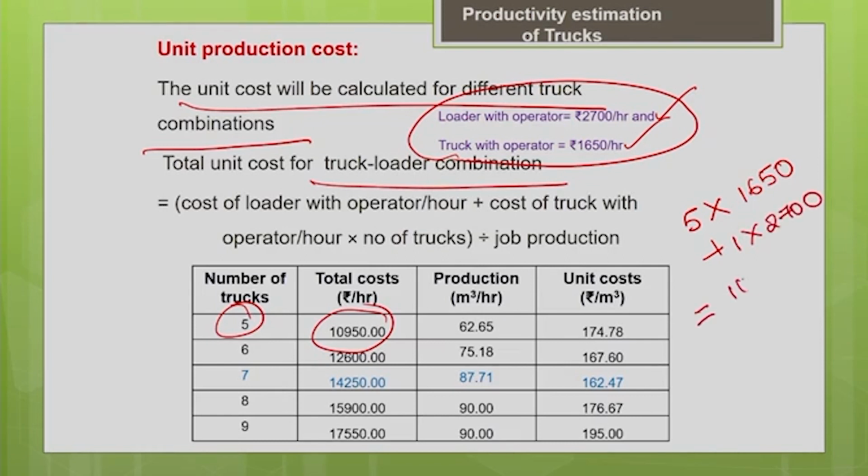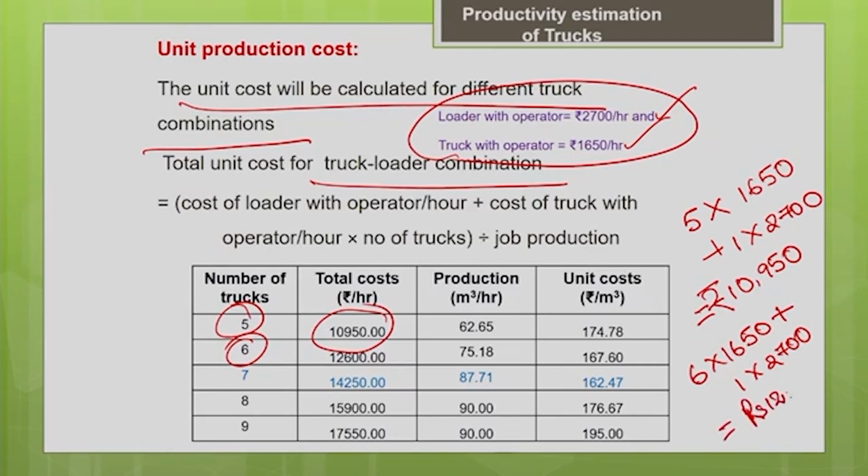So, this gives me the cost as 10,950 rupees. This will be the cost associated with the 5 trucks. Similarly, for the 6 trucks, 6 into 1650 plus 1 into 2700. This gives me the cost as rupees 12,600.